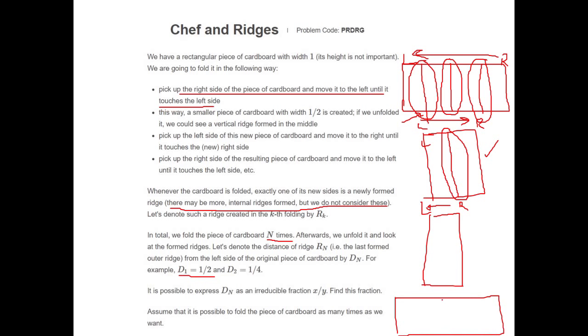So this distance will be half, and when we fold it for the second time, there will be three ridges, but we will be selecting only this ridge as this is the ridge formed due to this. This is the ridge which is formed when we fold for the second time. So the distance of this is 1 by 4.